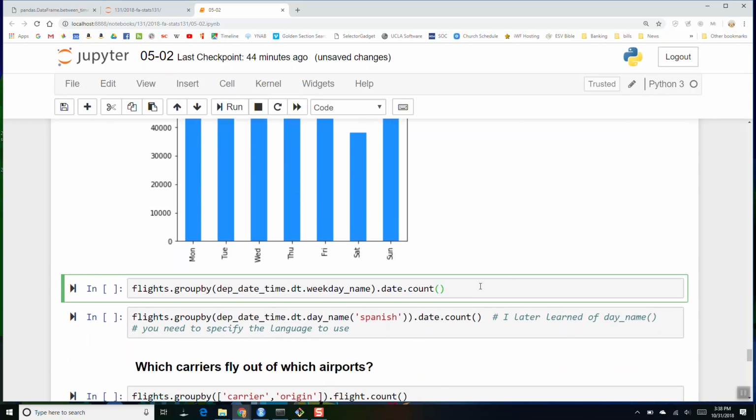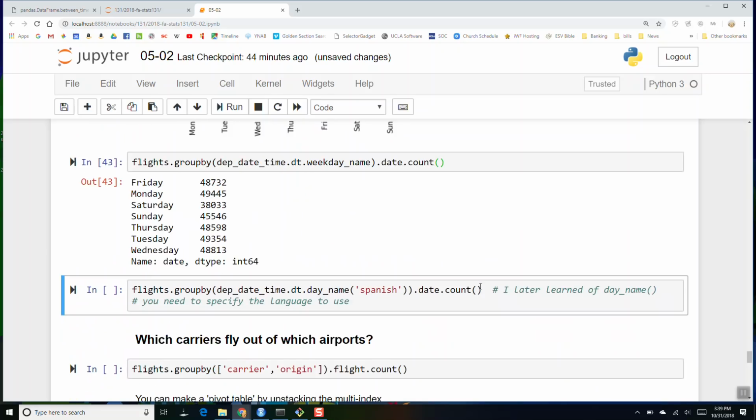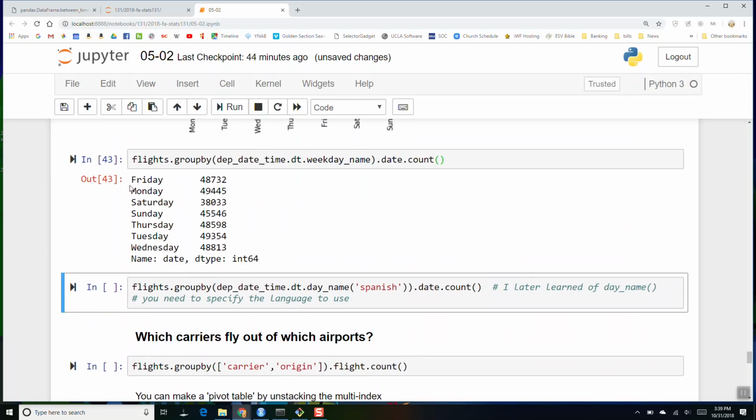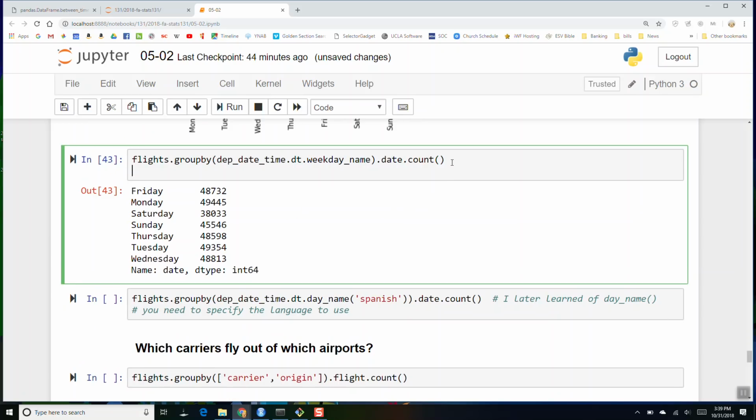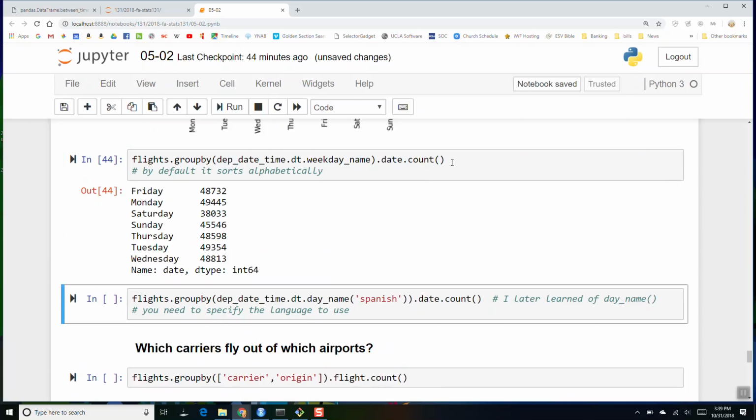And then, just kind of showing there's weekday name, and this pulls the weekday name. By default, though, it sorts it alphabetically, okay? Which is not helpful for us because nobody will ever say Friday, Monday, Saturday, Sunday, Thursday, Tuesday, Wednesday.